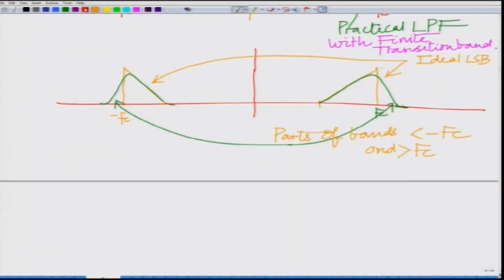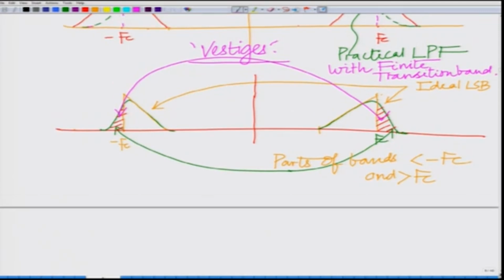These small parts that are picked up because of the non-ideal nature are termed as vestiges. There is a term for this. These are small bands of the DSB-SC signal that are picked up because of the non-ideal nature of the low pass filter.